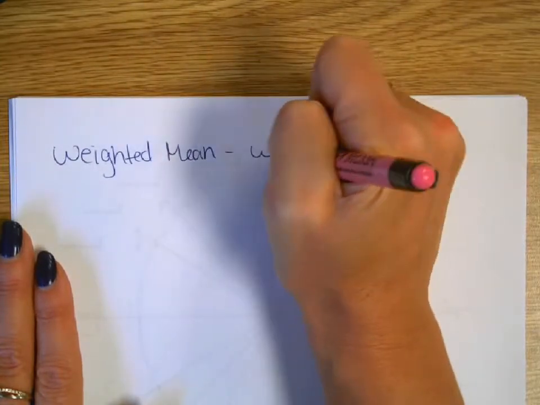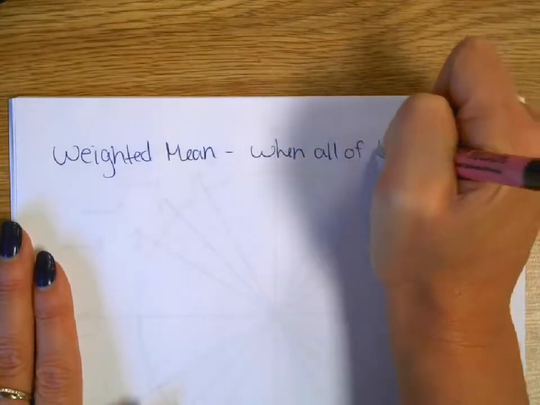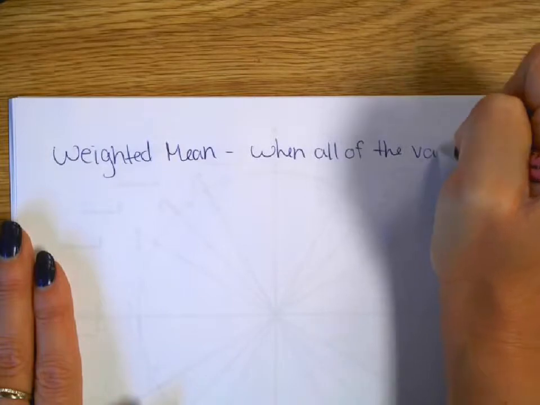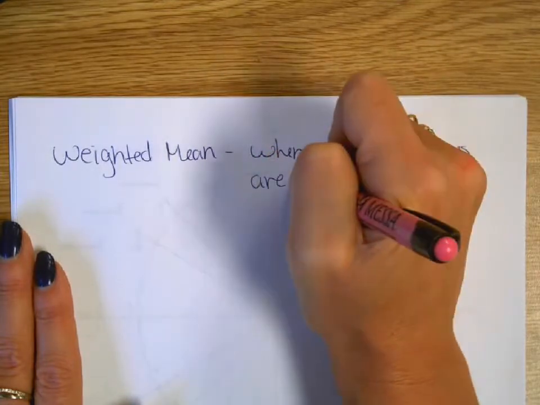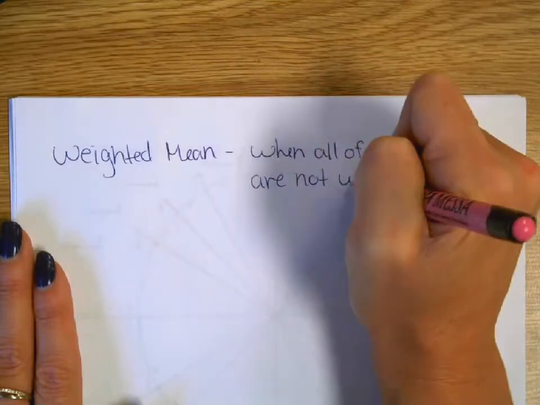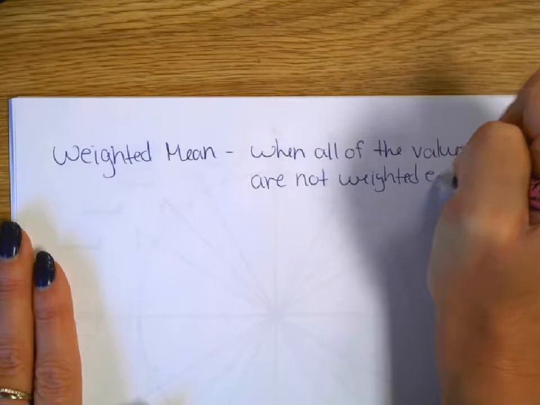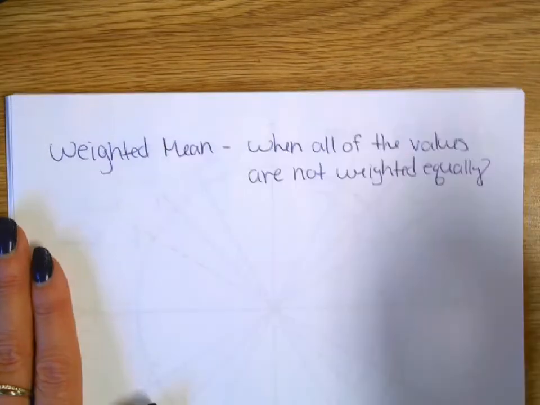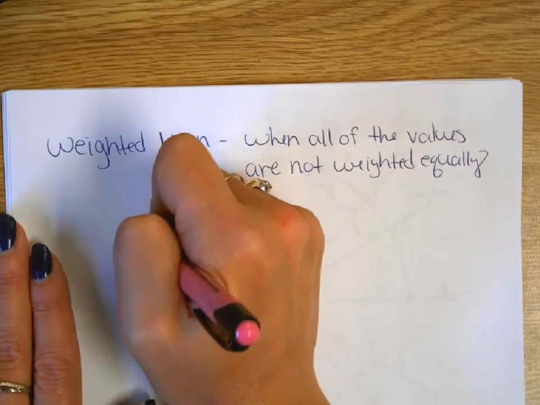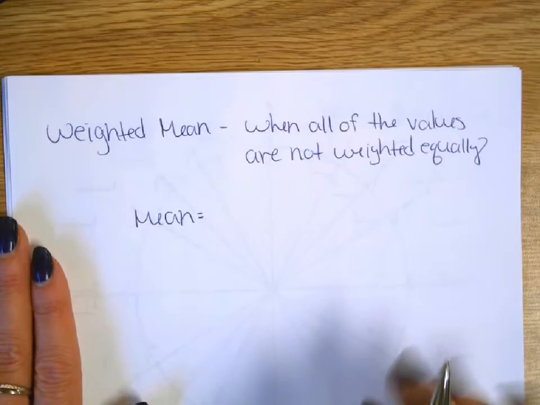So this happens when all of the values are not weighted equally. So to do a weighted average, a weighted mean, here's what you have to do.